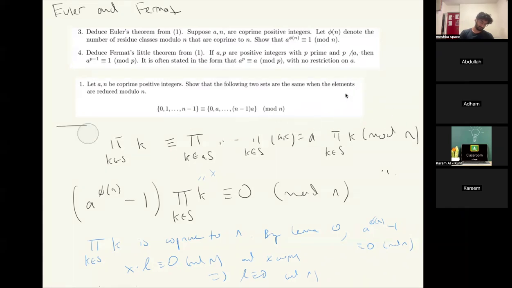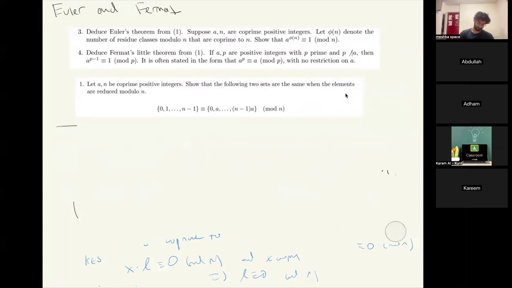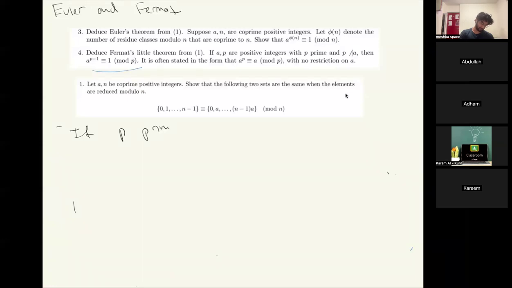So what is it saying? Let's look at this version of it, which says that if p is prime and a is coprime to p, which just means p doesn't divide a, then a to the phi of p is congruent to 1 mod p.